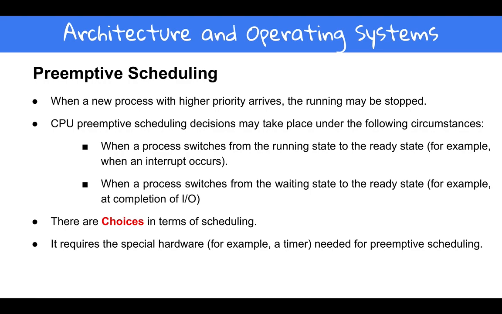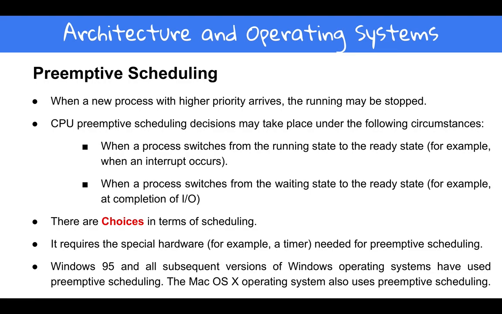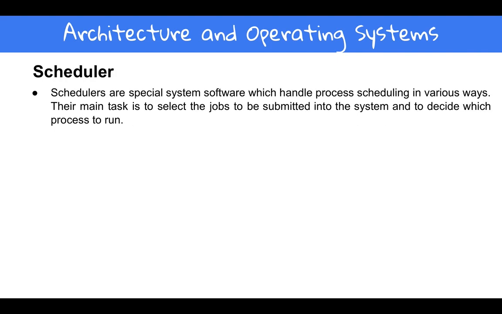If you see that the process is taking more than 5 milliseconds, you need to stop that and give another process CPU time. So we need specific hardware like a timer for preemptive scheduling. And in the end, most operating systems at the moment are using preemptive scheduling.